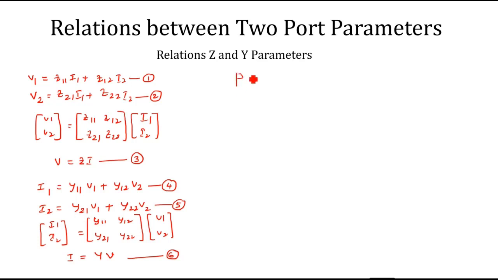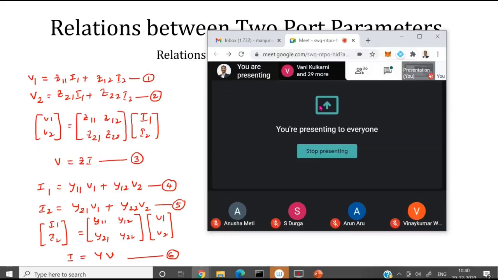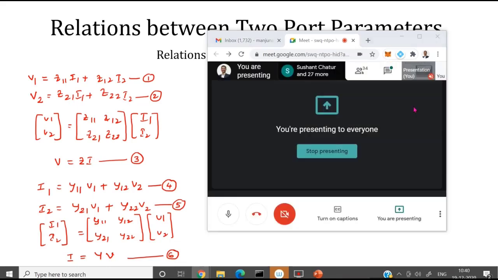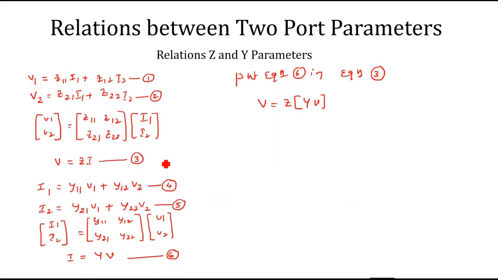Then put equation number 6 in equation number 3. We will get V equals Z into Y into V. The V cancels.